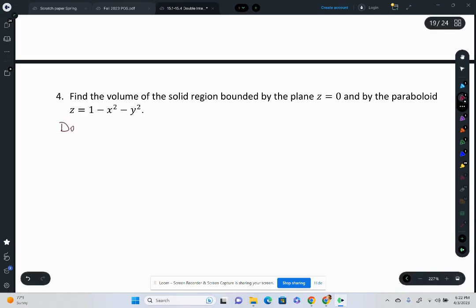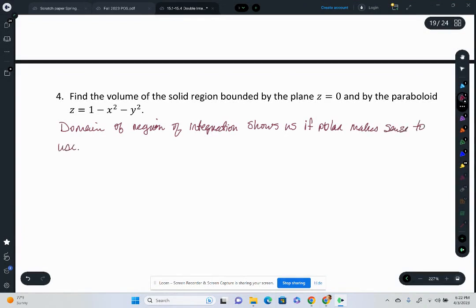Okay, so the domain of the region of integration shows us if polar makes sense to use. It's not the integrand that makes us make that decision.